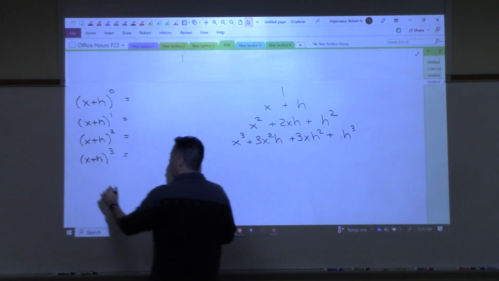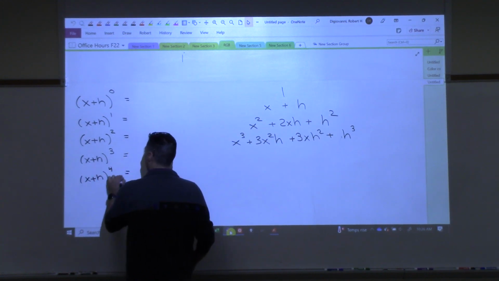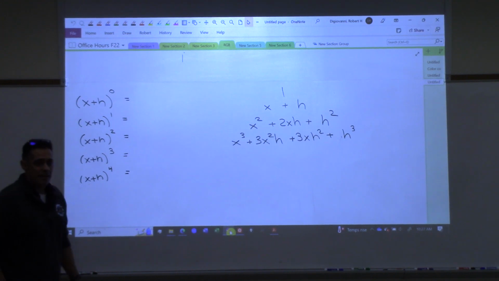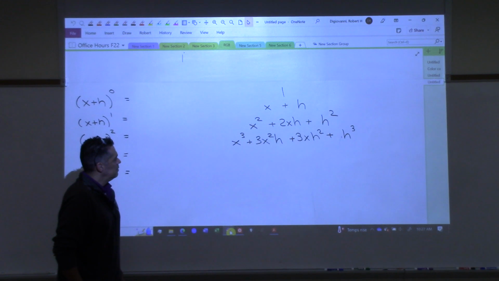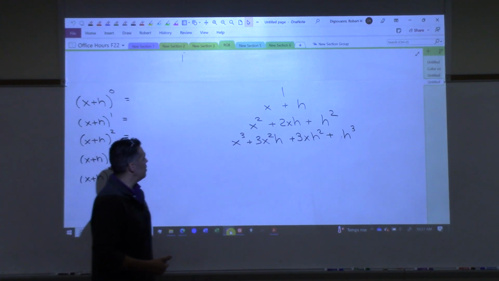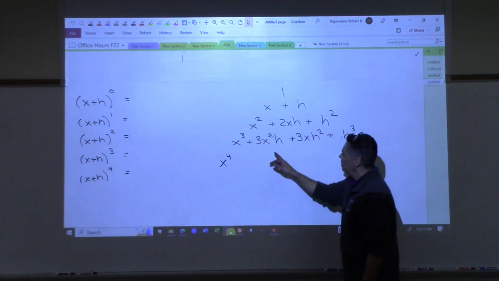Okay. What would x plus h to the 4th power be? So there's a pattern here. Do y'all see the pattern? x to the 4th is a good guess for the first piece, right? That is true, x to the 4th. But then what?